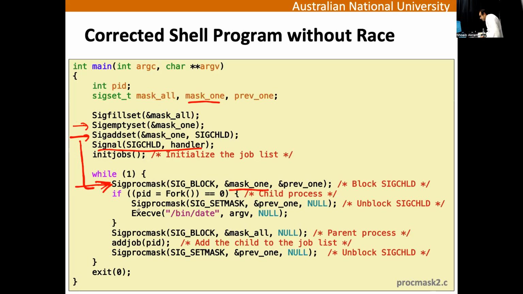Now, why are we unblocking SIGCHLD here? Child processes inherit the blocked bit vector of the parent. Children inherit everything, the address space, everything. So we want to make sure we unblock SIGCHLD because the child process may want to receive those signals.